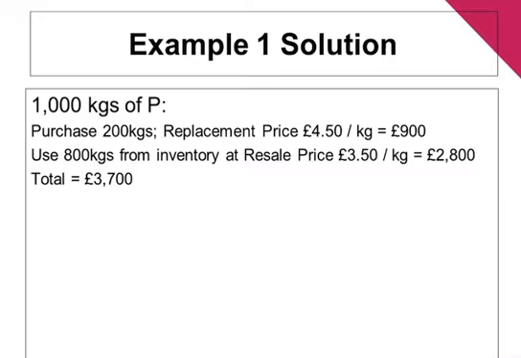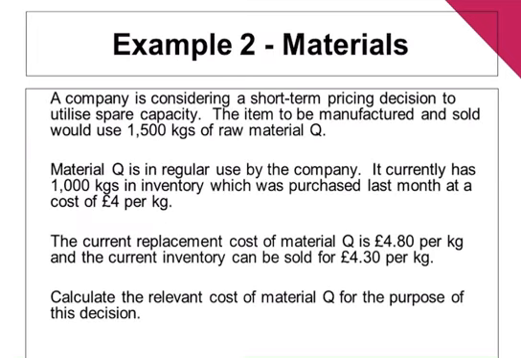The rest actually comes from the potential resale price, because that's the money that you've potentially lost. You're going to use this instead of selling it. It's quite strange to think of it like that. And so the actual relevant cost is 3,700. So let's move on to the next one.